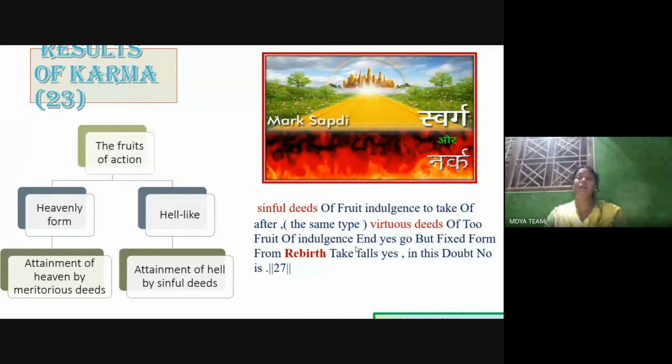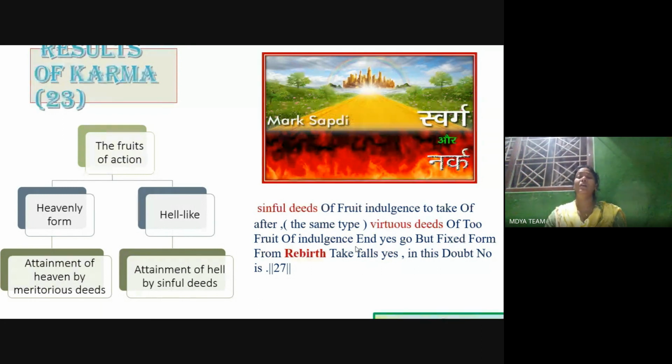But here Lord Shiva is telling that if you follow only good karmas, you will get heaven, no doubt. But after you enjoy those fruits, you need to come back. Why? Because you are not following the method through which you get liberation.